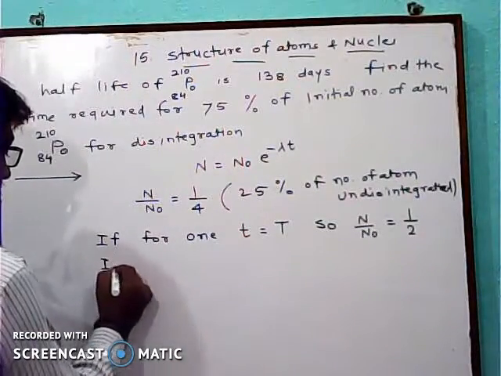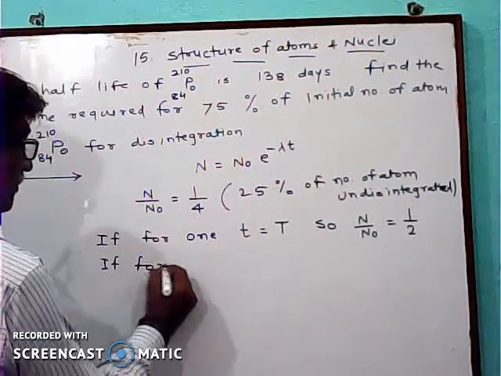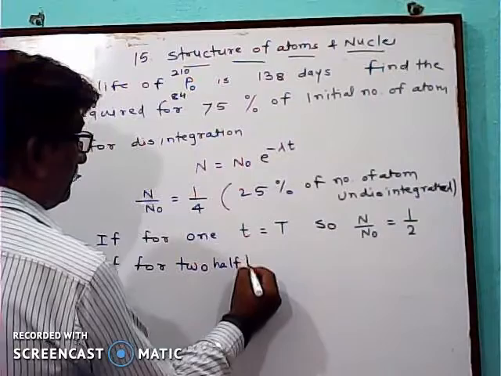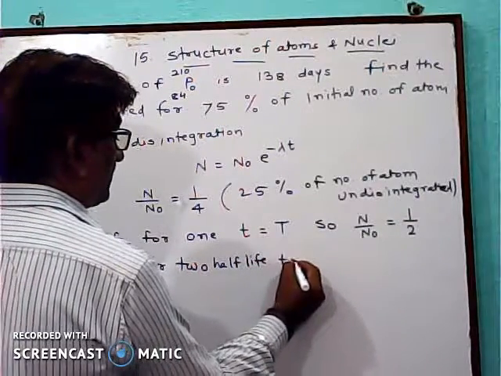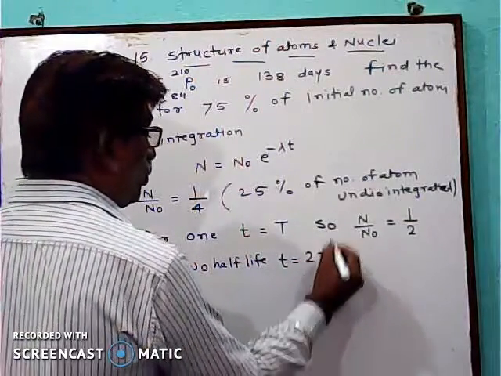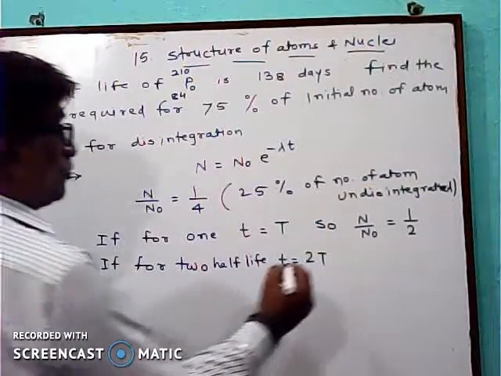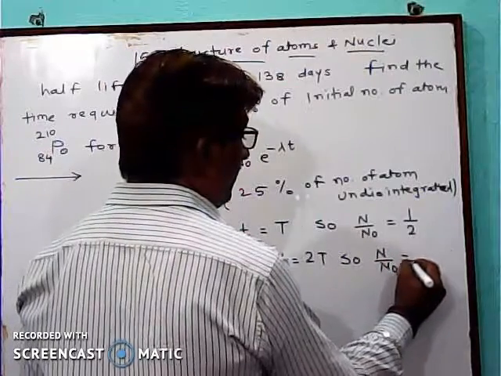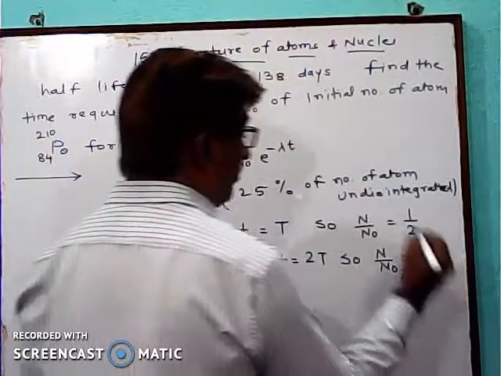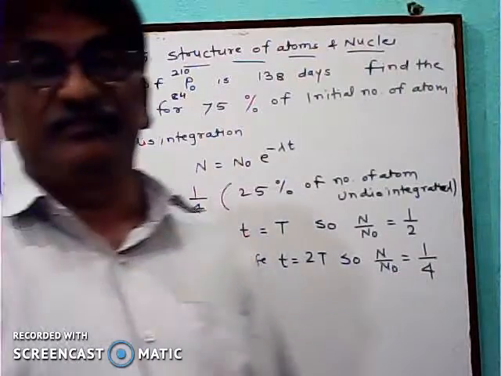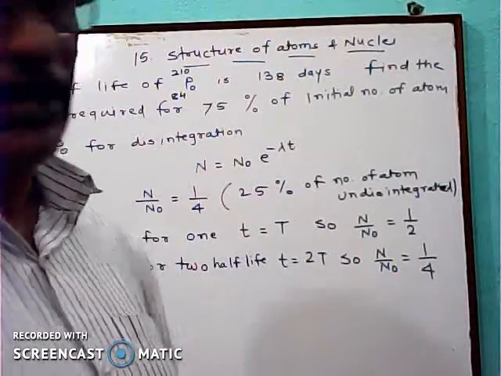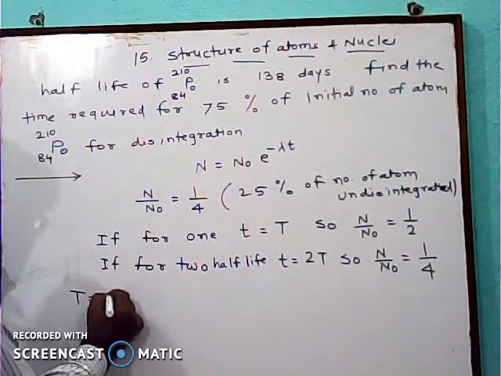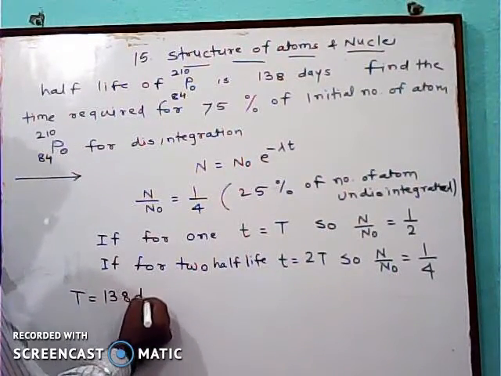But for 2 half-lives, small t equals 2 times capital T, so N upon N0 becomes 1 upon 4. And the given half-life time period is 138 days.